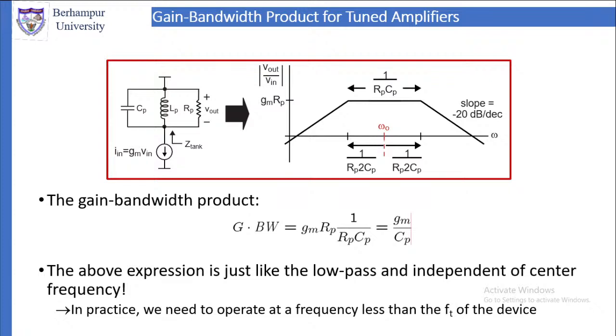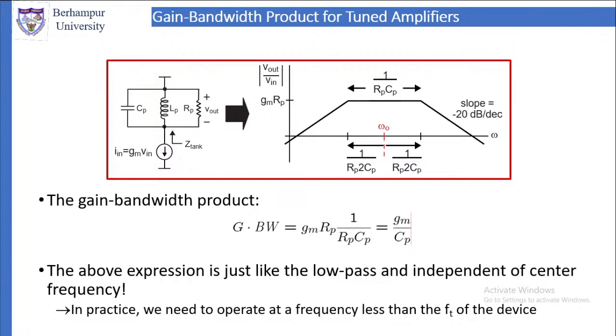Towards the right side also, it goes by a factor of 1 by 2 RPC. So if 1 by RPC is very small, which means the bandwidth is very small, then we call it a tuned amplifier tuned to omega 0. Otherwise, if it is large, then we call it a wideband amplifier.